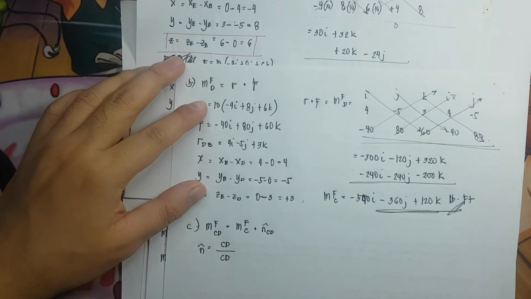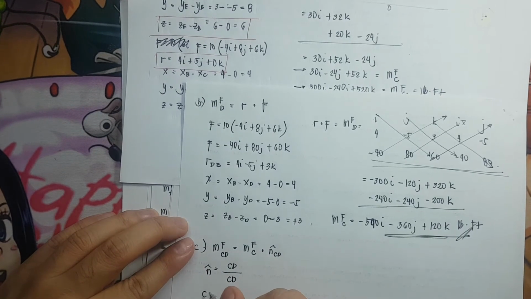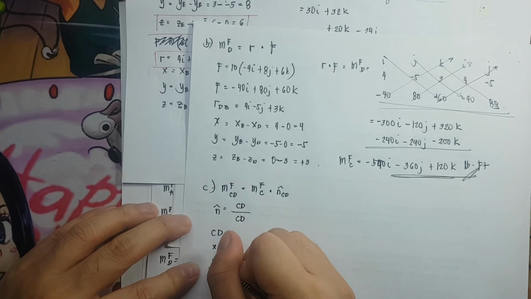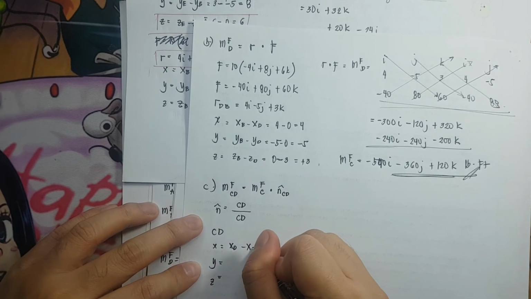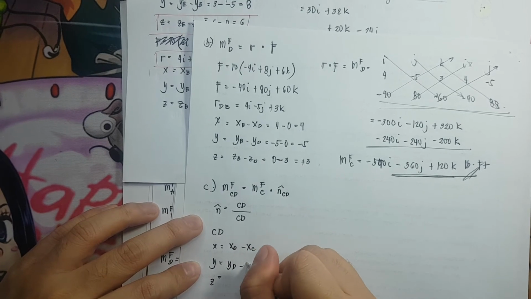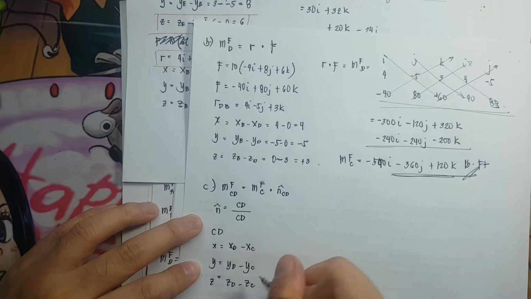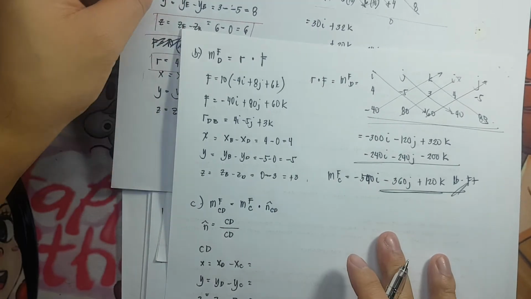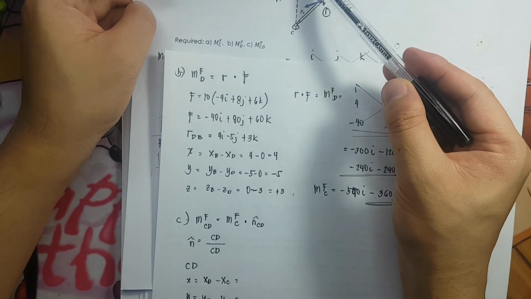To solve that, let's get the coordinates of CD, which has x, y, z. So x of D minus x of C, y of D minus y of C, z of D minus z of C. What is the x of D? X of D is 0.